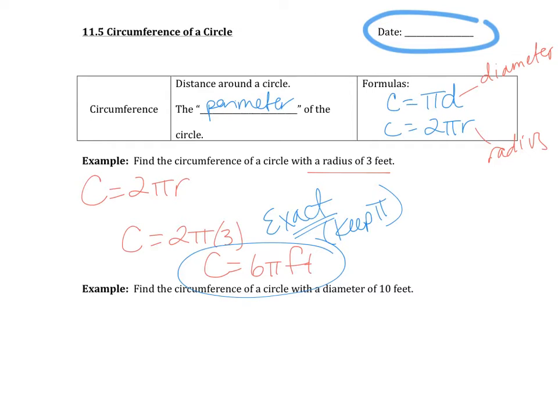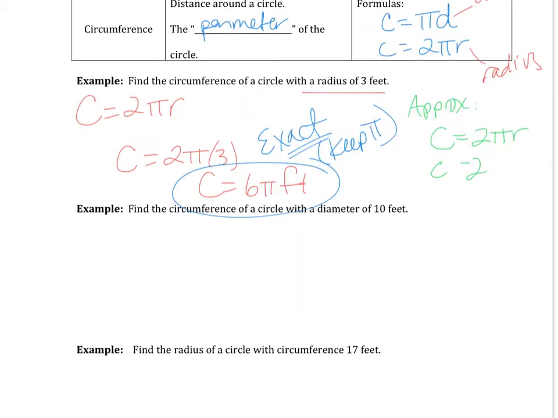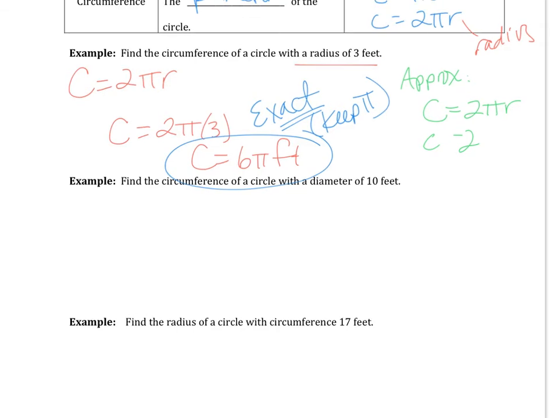So if I go back to the approximate, that's actually when I take that 2 times pi times radius and I use that pi button there. So circumference equals 2 times 3.14 times 3. And then that approximate answer is 18.84 feet.